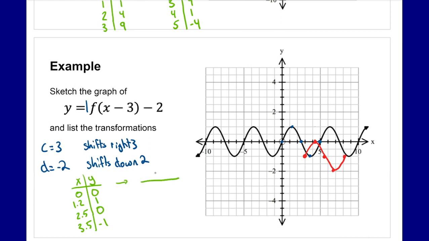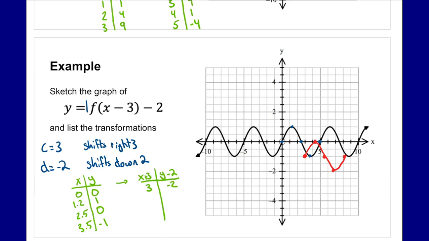When we apply our transformations, the x value, we would add 3 to it because x plus c. The y value would be 1 times y, which is just y. And then plus d, in this case, is -2, so y minus 2. So take the 0 value for the first point. 0 plus 3 is 3. Y minus 2, or 0 minus 2 is -2.